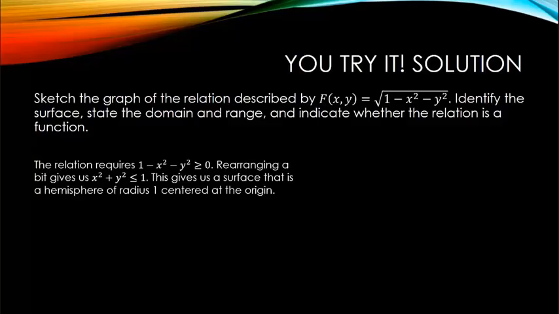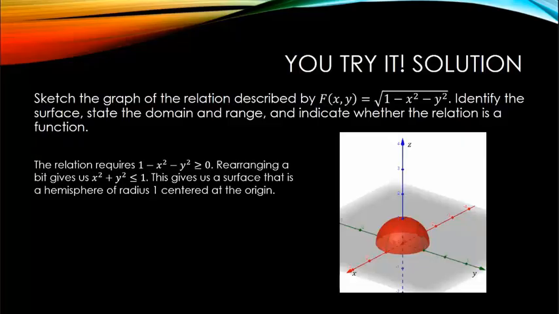If I rearrange the discriminant just a little bit, I get an inequality that says x squared plus y squared is less than or equal to 1. This tells me that my surface is going to be a hemisphere of radius 1 centered at the origin.